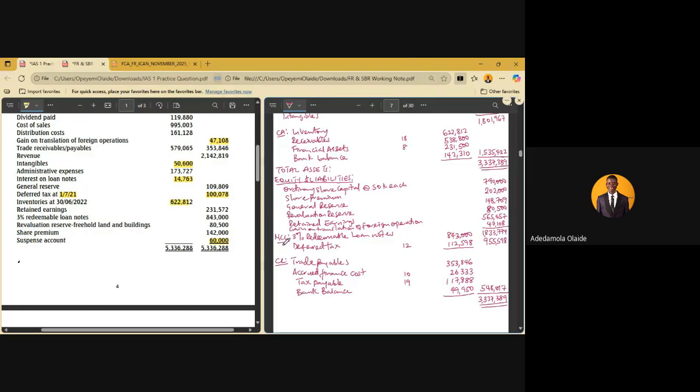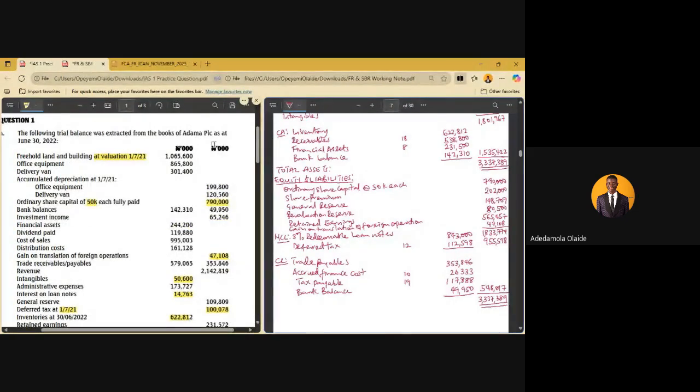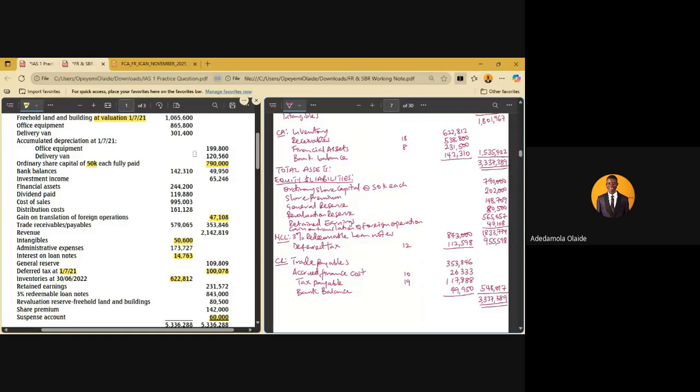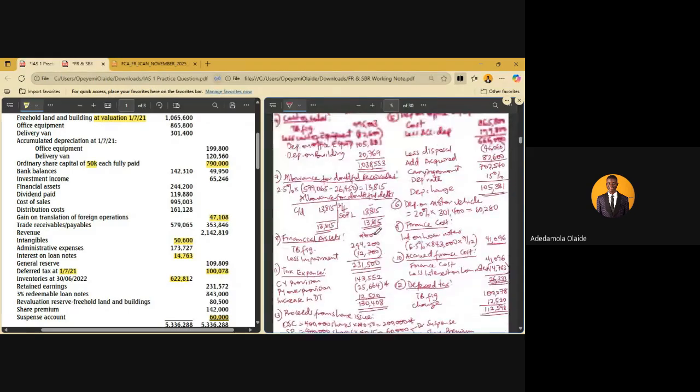But at the same time, one thing we must take note of is that the items we have in this extra balance have already undergone double entry. So we will only be using them once in our presentation of financial statements.